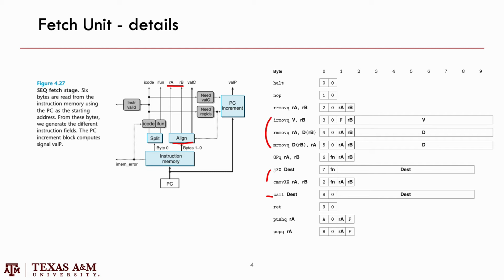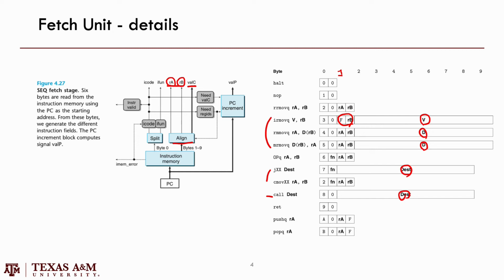Basically we want to put register IDs into rA and rB, and we want to put immediate values such as V, D, and Dest into valC. For irmovq, rmmovq, mrmovq, they have a register field in the second byte, byte 1.